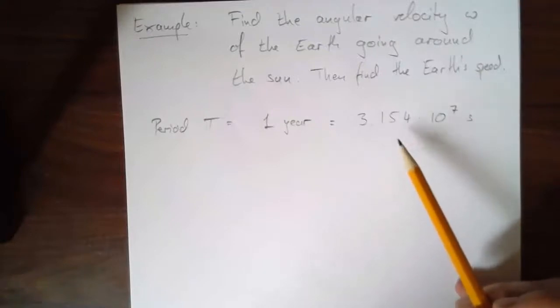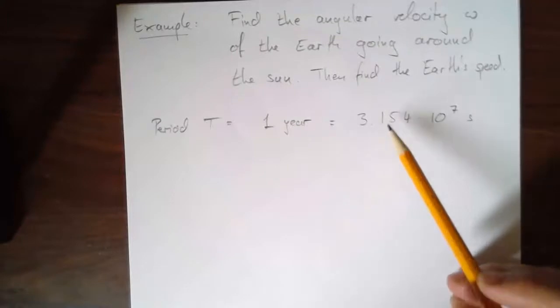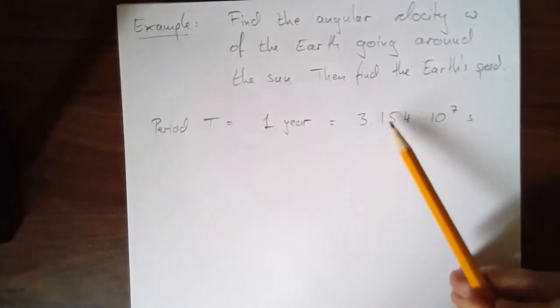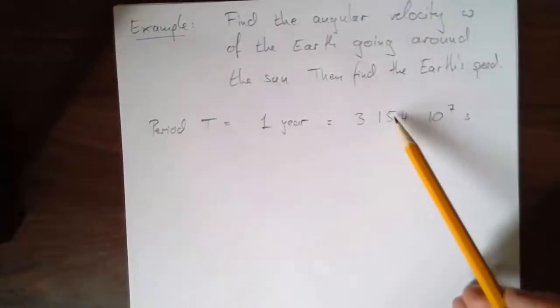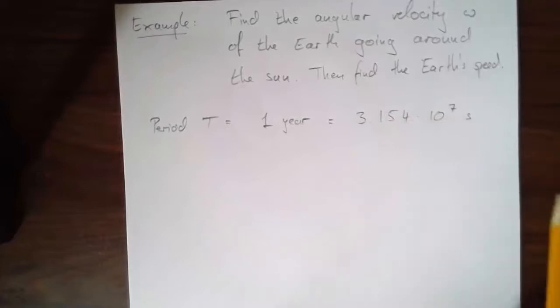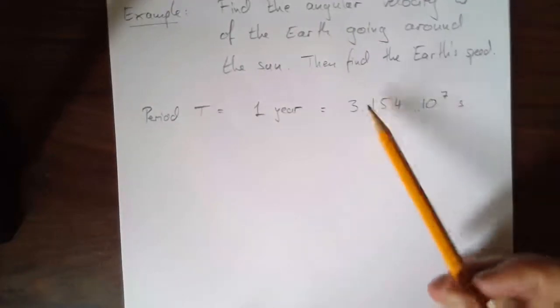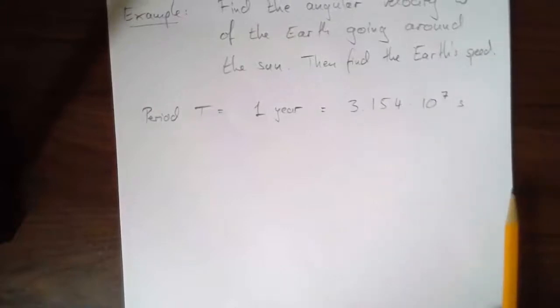There's no conspiracy, no mathematical anything, it's just a coincidence that this number is fairly close to the numerical value of pi. Of course, it's not super accurate. To 4 significant figures it's slightly better. But as a party trick, pi times 10 to the 7.